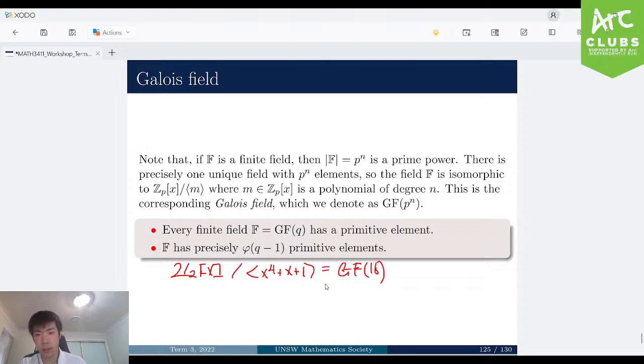All right, and this field F has precisely phi of q minus 1 primitive elements. In this case, phi(15) equals phi(5) times phi(3), which equals 4 times 2 equals 8. So there are 8 primitive elements in this field here.